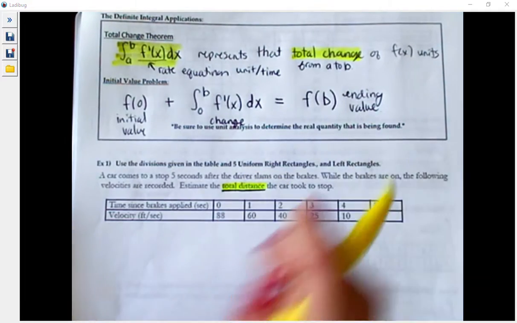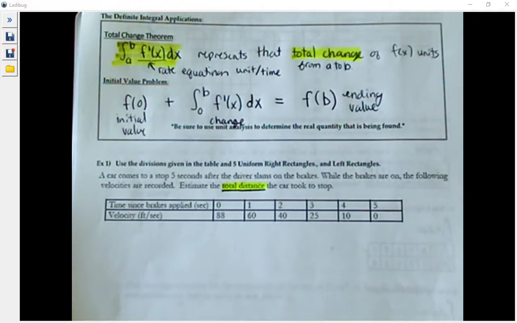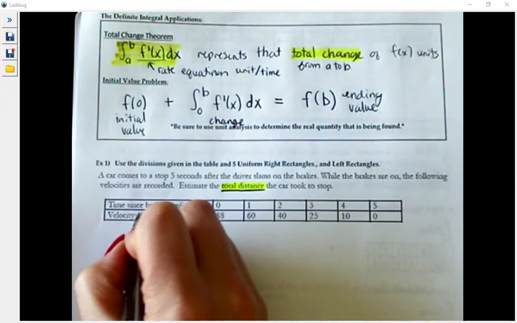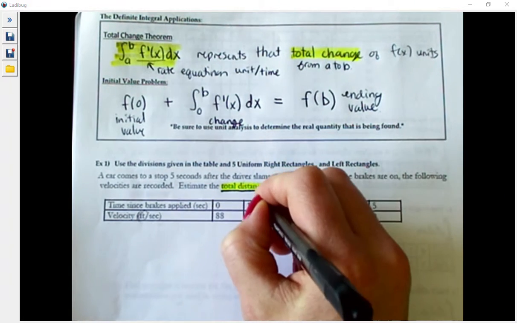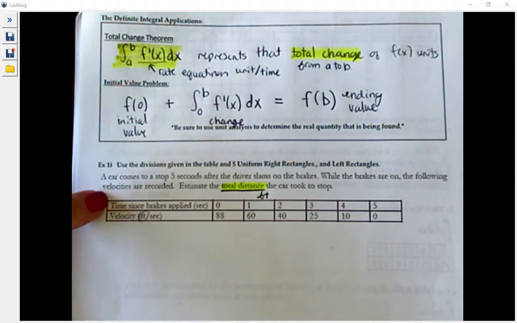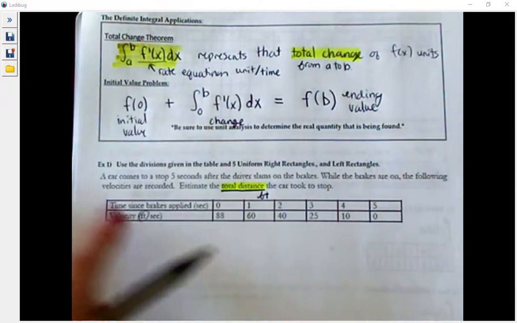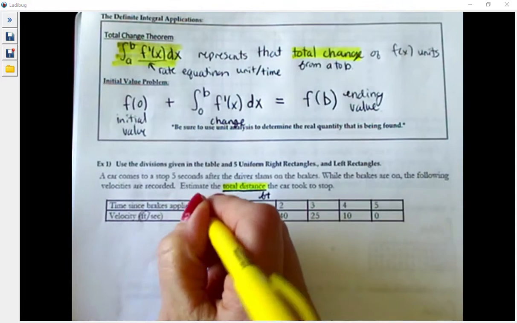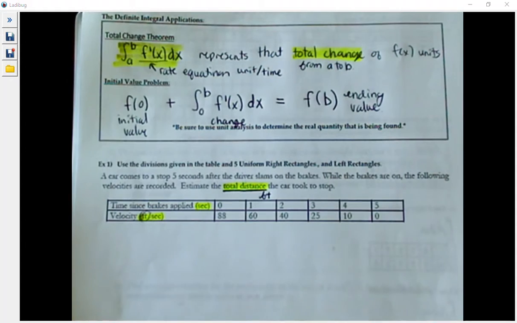What kind of units is a distance unit? Meters, or in this particular case, let's say feet. How many feet did it take the car to stop? How are you going to get to the units of feet from the units that are given to you? What do you have to do to those units to get feet?